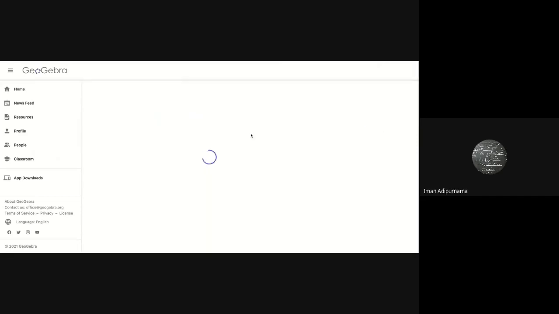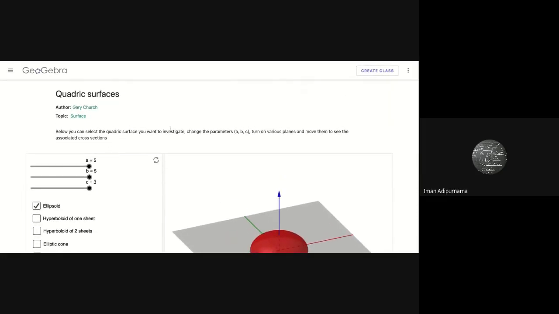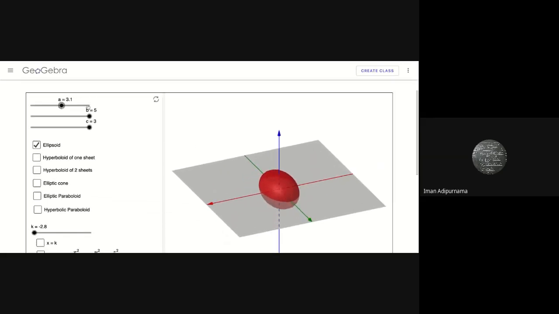Let's say this one. Each of these has some explanation of how to use it, and you can change the coefficients.